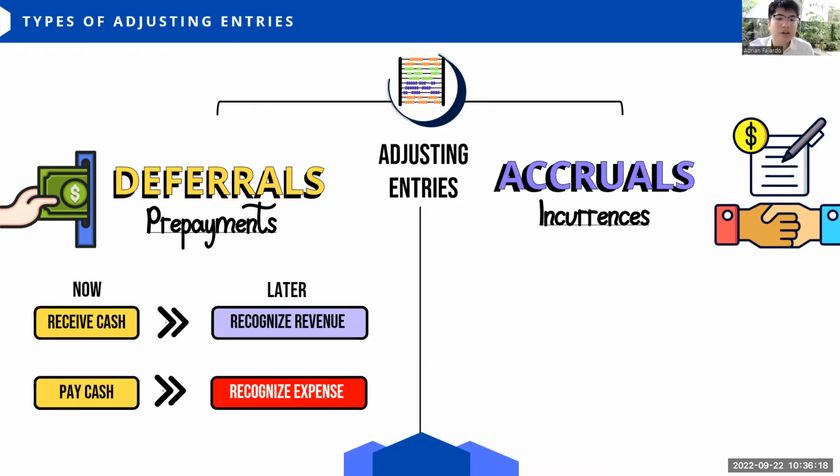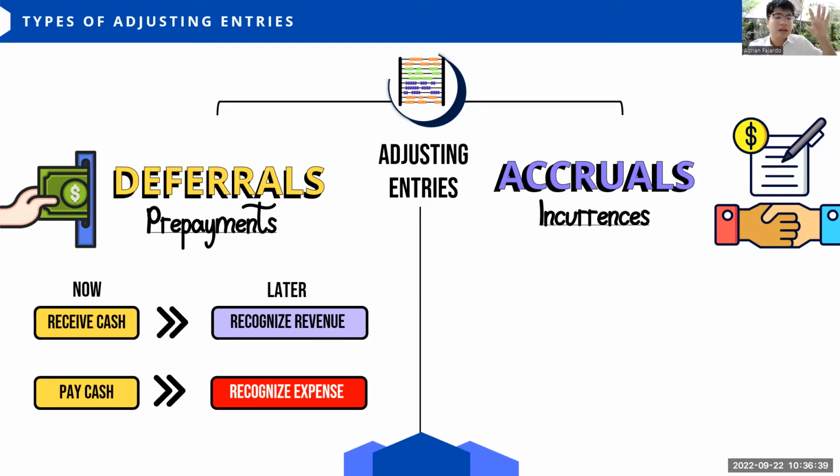The second scenario under prepayments is cash ulit now, meaning we pay cash in point A, pero we only recognize expense later at point B, right? So again, two time positions, right?